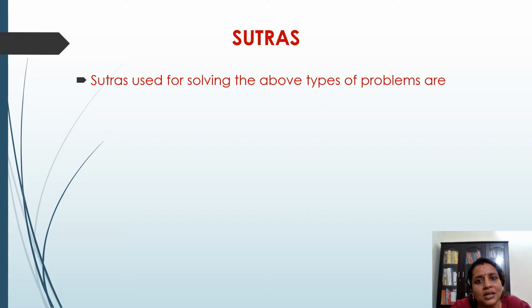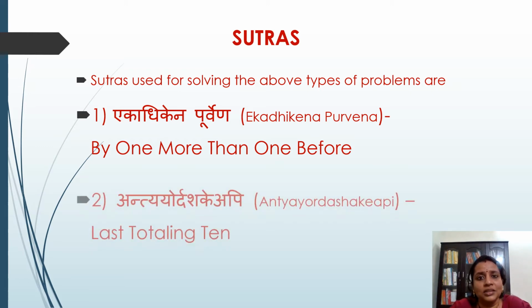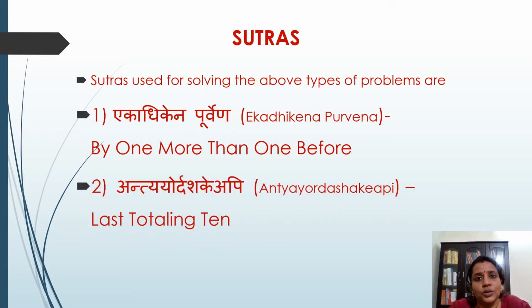Two sutras are required, and the first sutra is Ekadikena Purvena. Ekadikena Purvena means by one more than one before. Okay, and the second sutra is Antayordasake Api, which means last totaling 10.